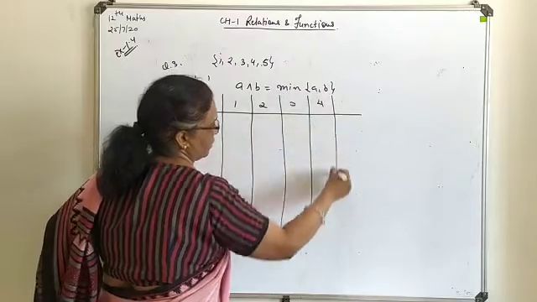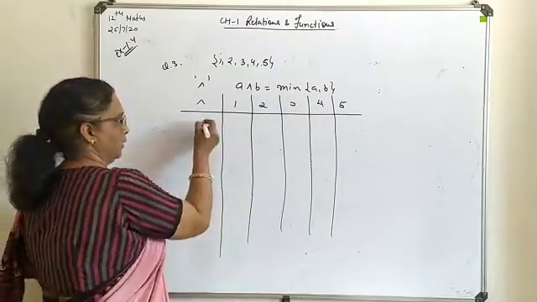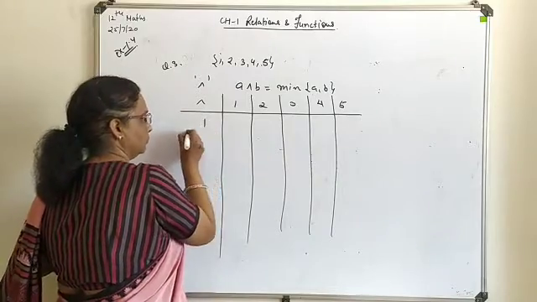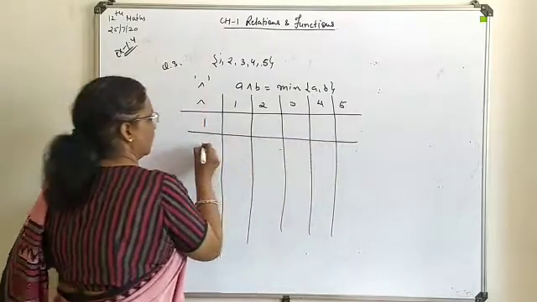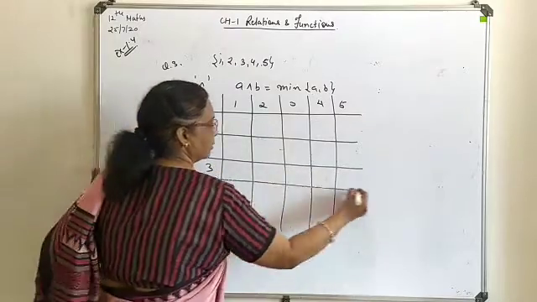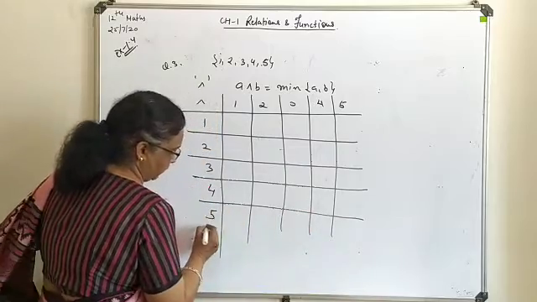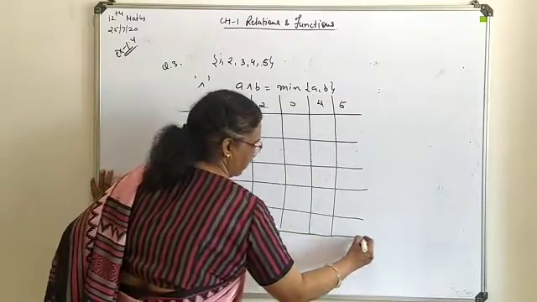All the elements you list out horizontally or vertically: 1, 2, 3, 4 and 5. Here this table will be closed.